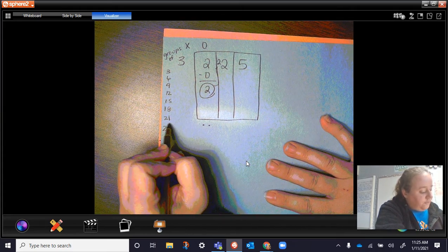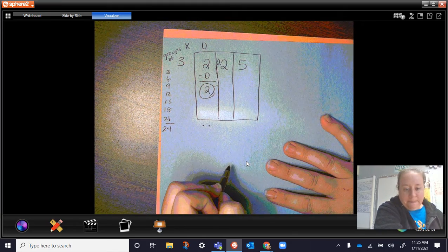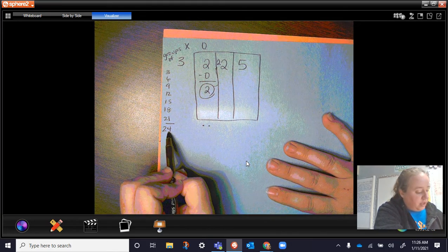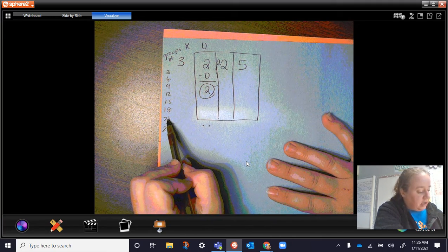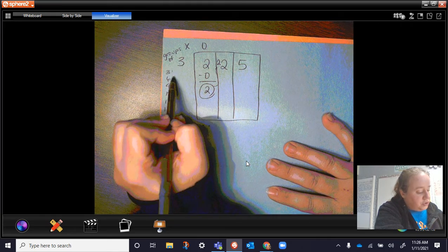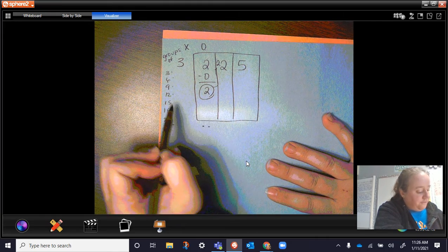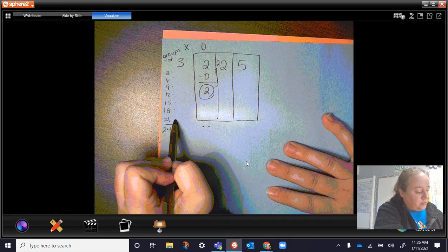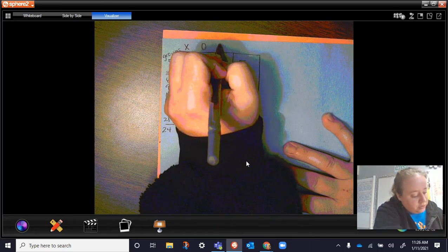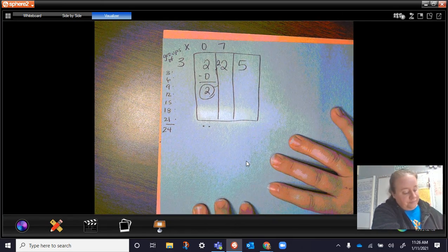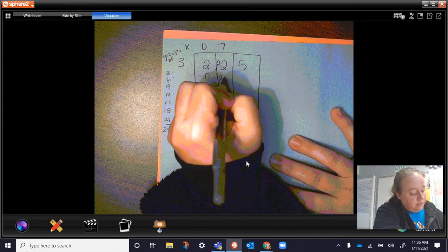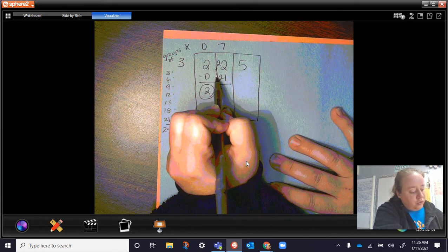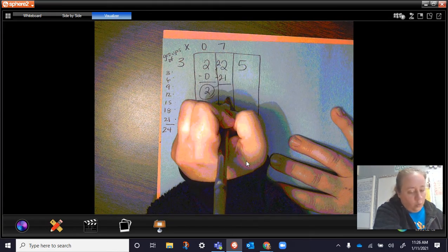So 22 falls in between here. Well, I can't go to 24, 8 groups, because I don't have 24. I only have 22. So I need to stop here, and this is 1, 2, 3, 4, 5, 6, 7 groups. Okay, so the groups goes on top. I can make 7 of them. Then we multiply. 7 times 3 is 21. 22 minus 21 is 1.